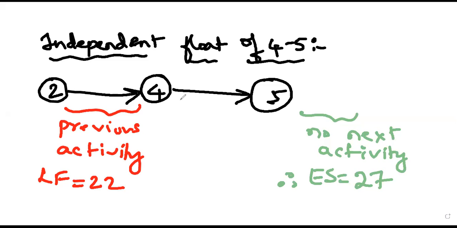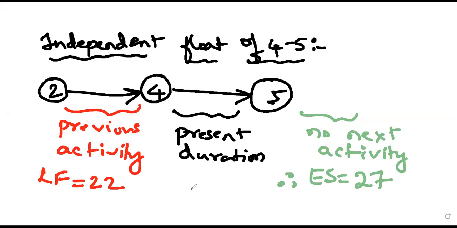And this is the present activity, so the present activity duration is equal to how much? 5 days. Correct, so these are the things.